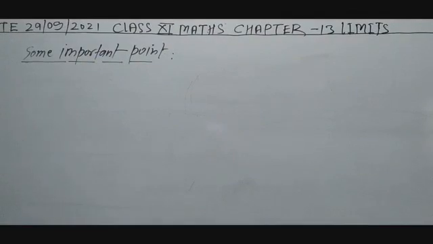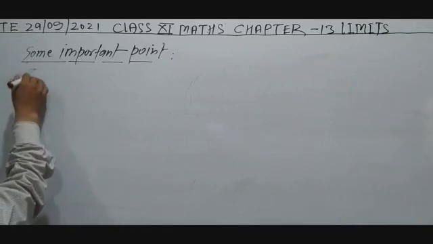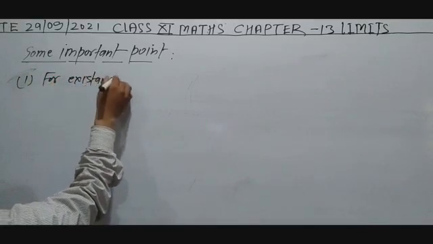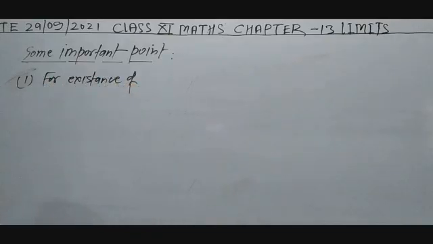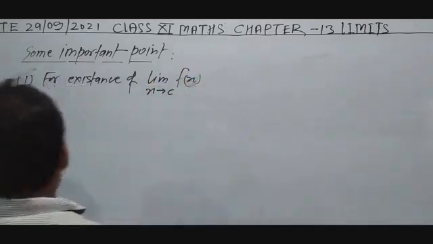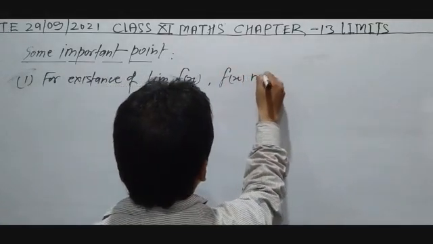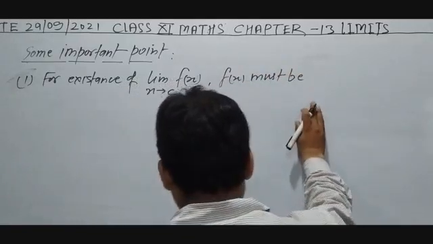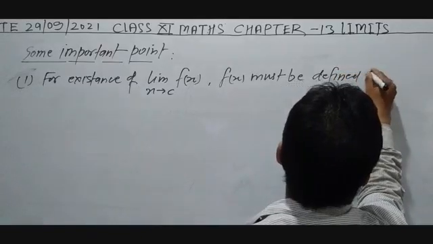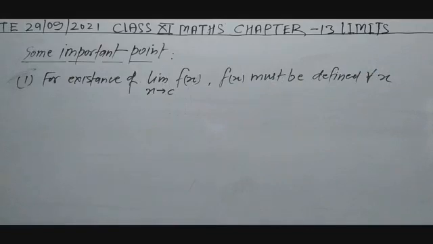See, first point is for existence of limit x tends to c f(x), f(x) must be defined for all x in the deleted neighborhood of c.